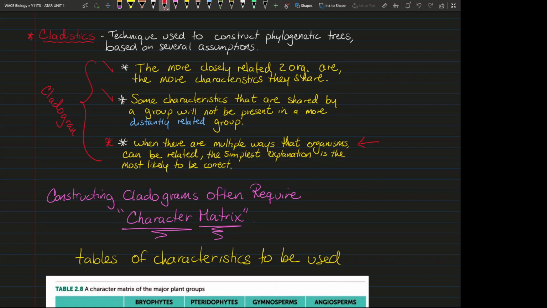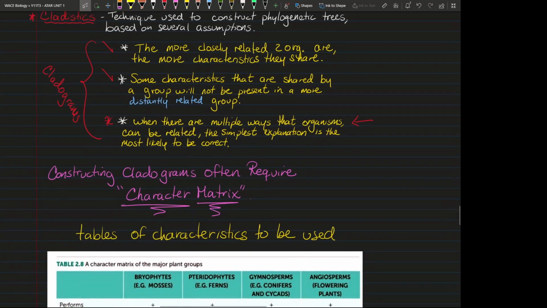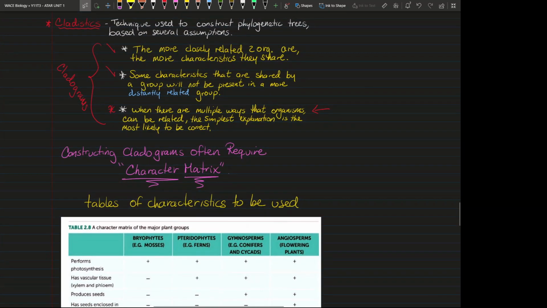Okay, they're referred to as cladograms, and when you're using specific species and specific groups, it's often used. You use a table that's referred to as a character matrix to get a sense of how to make these cladograms, okay?